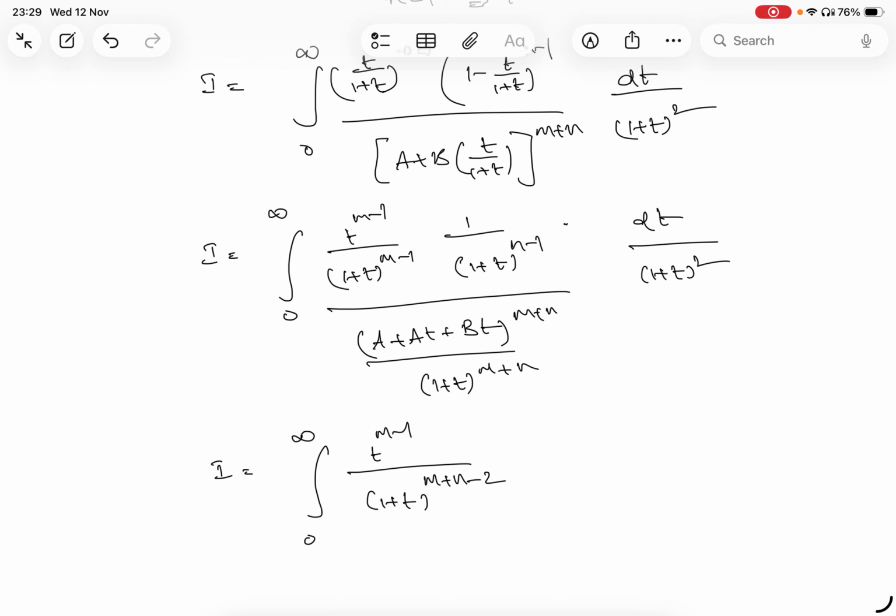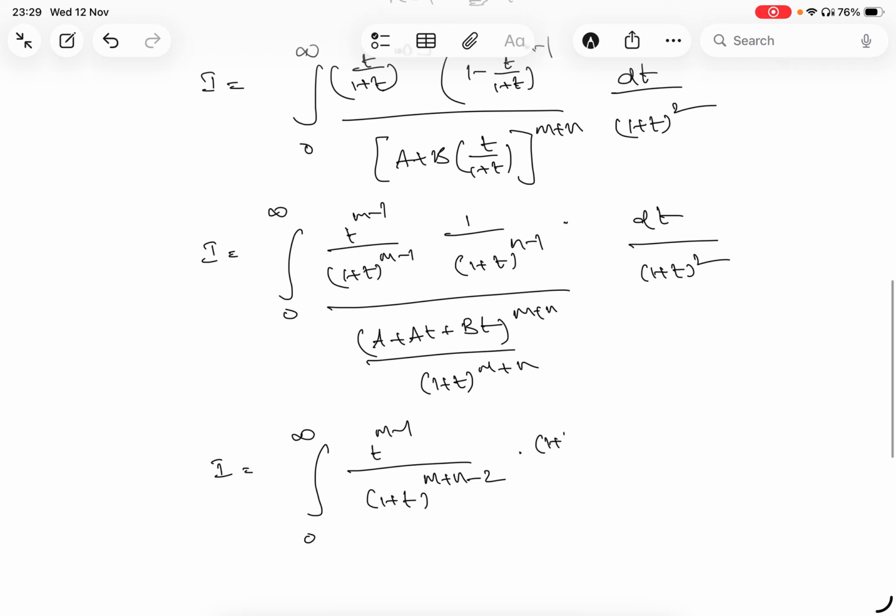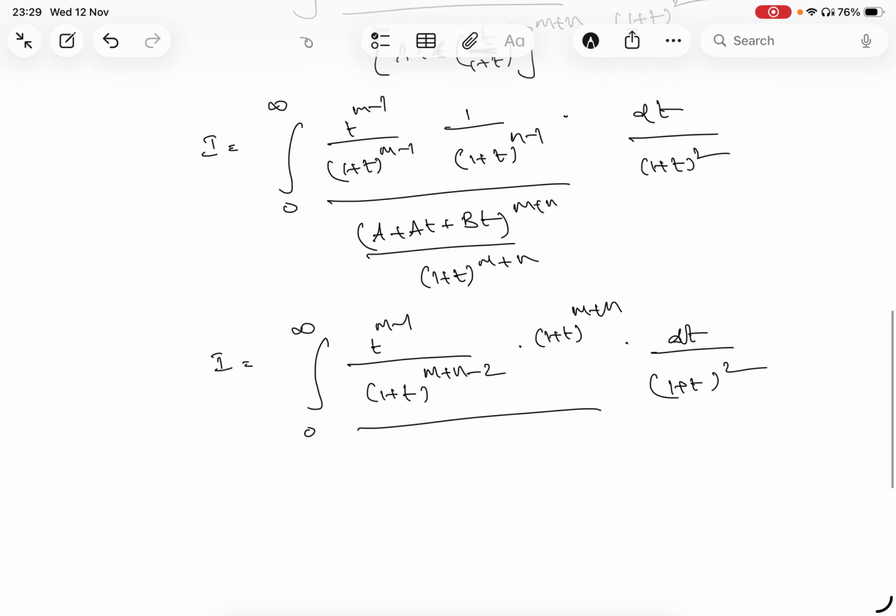Then this comes in the numerator, which is (1 + t) whole power m plus n, into dt by (1 + t) whole square, by, here let's take t as common, (a + (a + b)t) whole power m plus n.